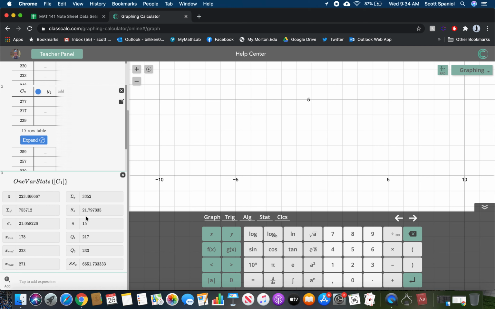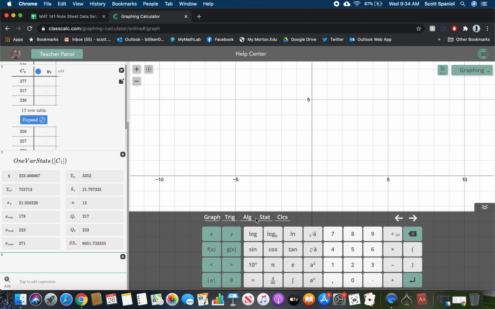And then we can get the standard deviation, and this is a sample, so I'm going to use S, but sigma is also right here. So S is 21.797. Okay, and so that's all the information we're going to need in order to find the shape, the center, and the spread for car 1.